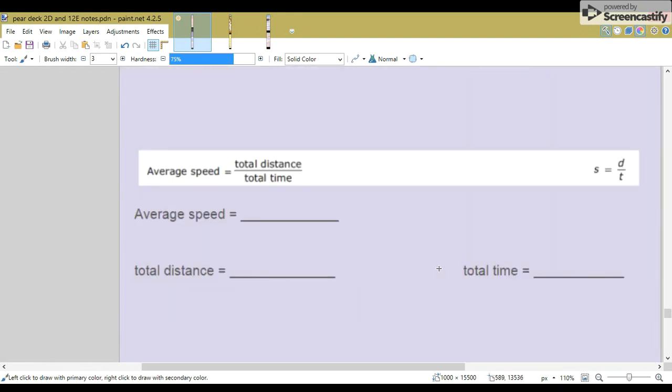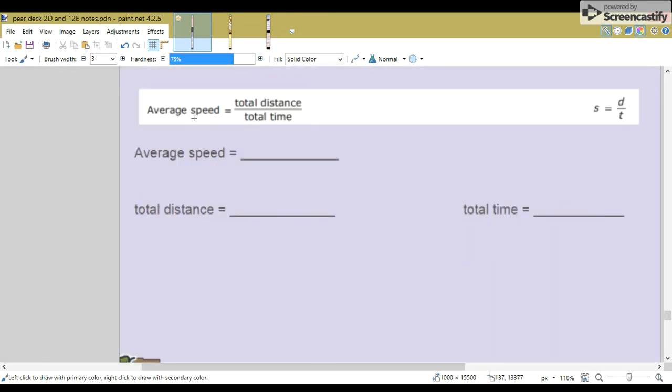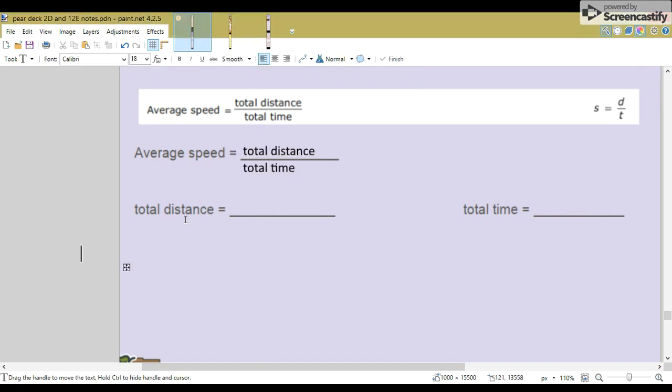Okay, the next slide. We have average speed equals the total distance over the total time. S equals d over t. So the average speed, they already gave it to us. Total distance over total time. Now let's find the total distance. We want to solve for d.